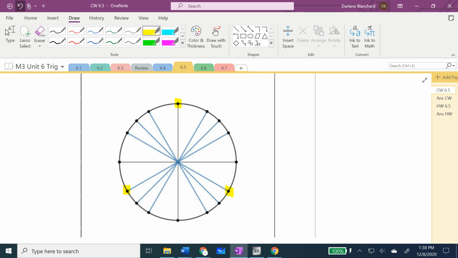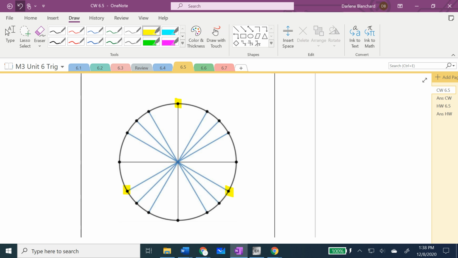Do you see anything when you step back and look at that? Yes. It is cutting the circle up into thirds.